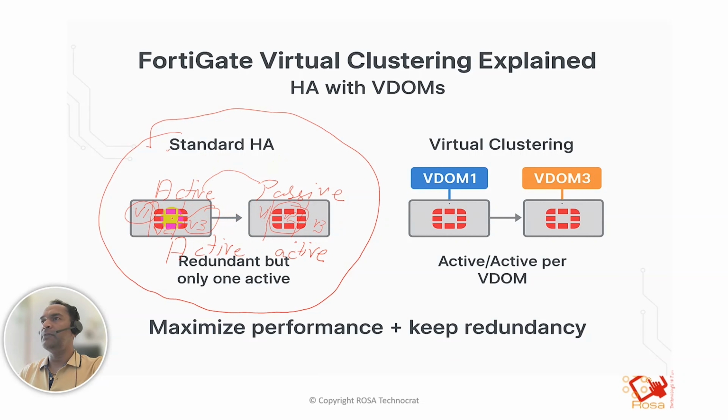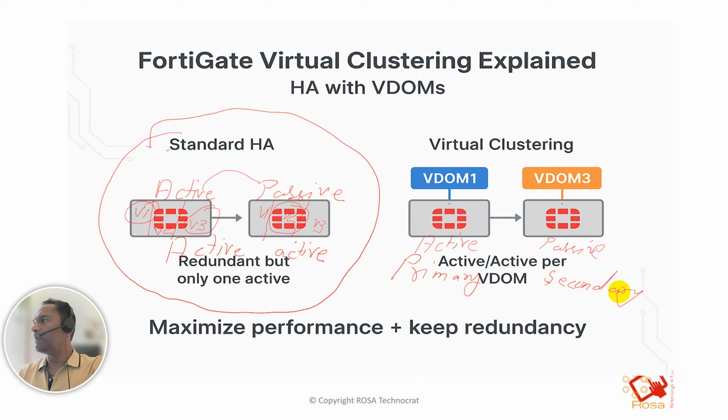Under standard HA, we only have one active device and one passive device, but for virtual clustering, we can have both the devices handling traffic for a specific VDOM. So when you go to virtual clustering, you will see two devices. This might be active and this is passive, or we call it primary and secondary.